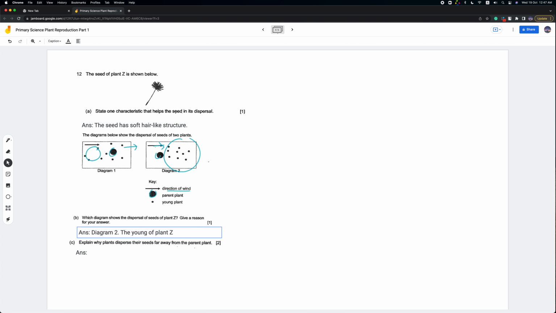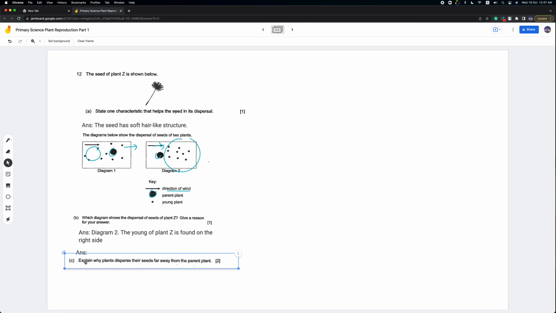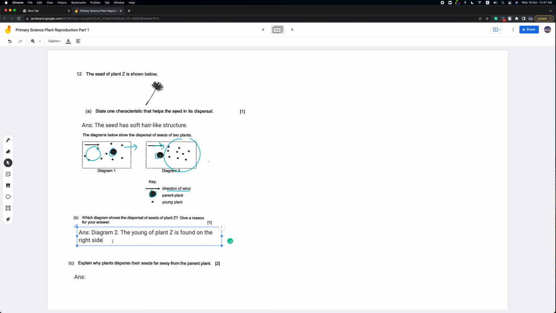The young of plant Z is found on the right side of the parent plant.